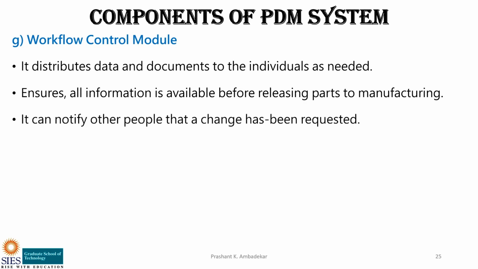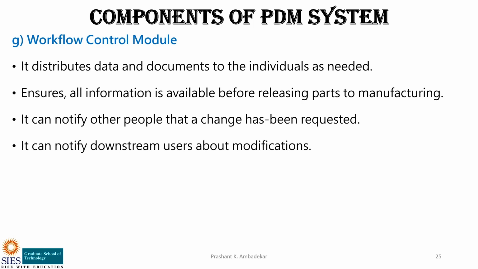The workflow control module also notifies other people that a change has been requested. It can initiate messages based on parameters captured at each step. It will tell the people that the change has been done and please note the change.